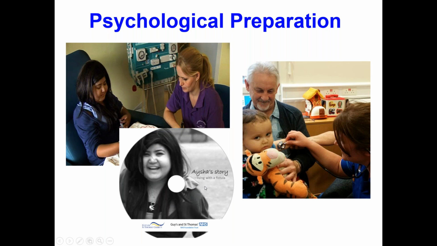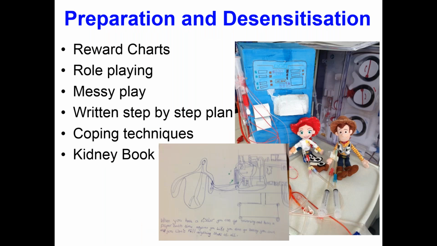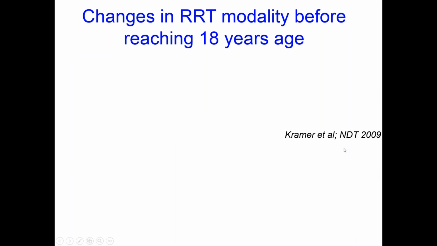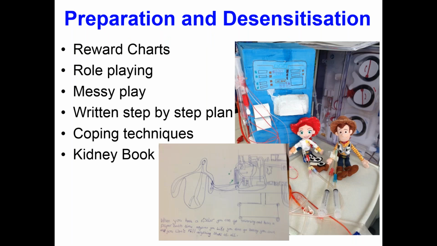We also have preparation and desensitization techniques using everything from these dummy dolls and all the needles that the children can put in them, as well as reward charts, role play, messy play, written step-by-step plans, and some children have a kidney book, which our play specialists work on with them to make them understand why they have a fistula, what the benefits of it are.